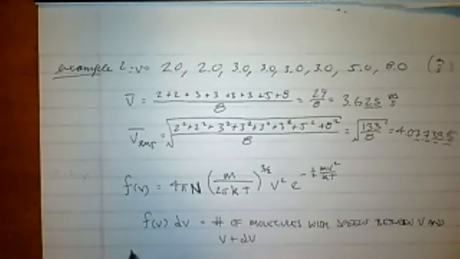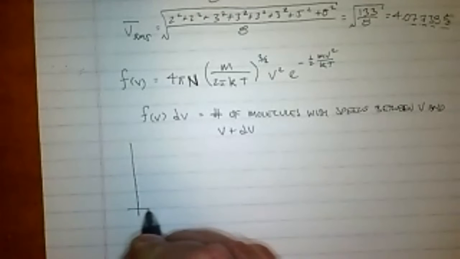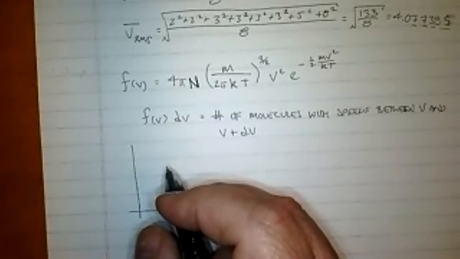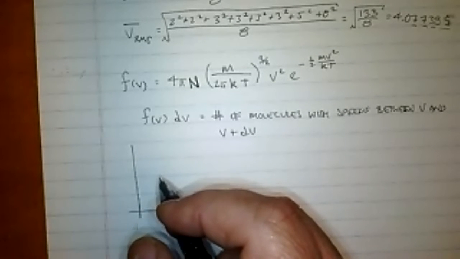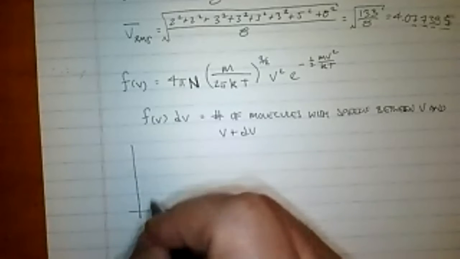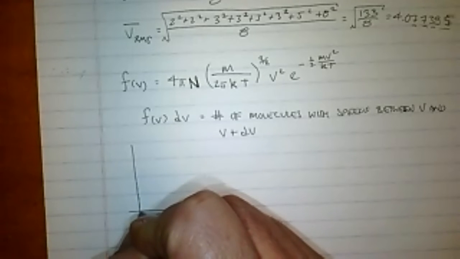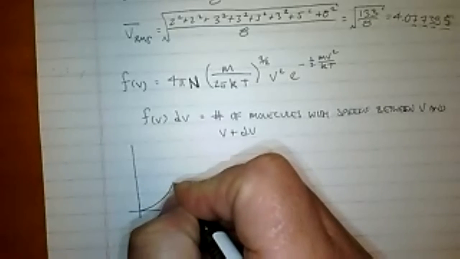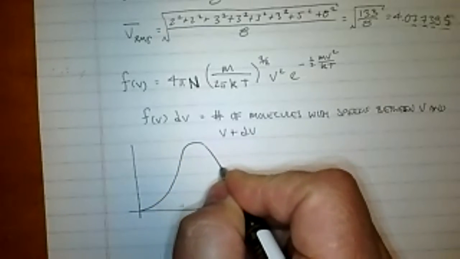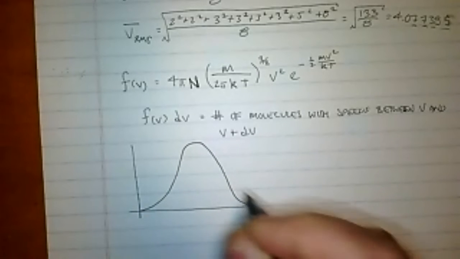Now, if you make a plot of this graph, this is a sort of famous plot, and an important plot. And sometimes they plot it as a function of different variables. But generally speaking, what you find is that the high velocity end falls off rather quickly, and the low velocity end not so much. So it goes like this, reaches a maximum, and then falls off rather quickly.